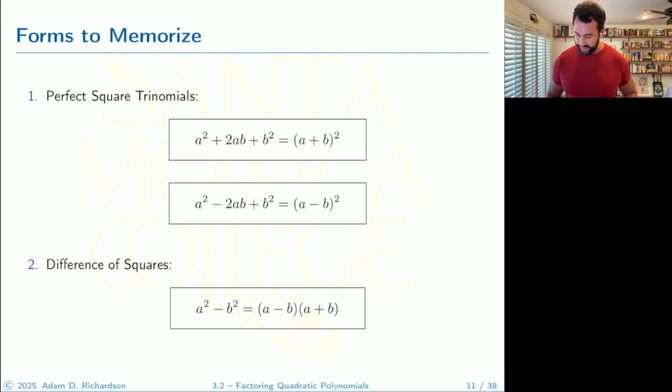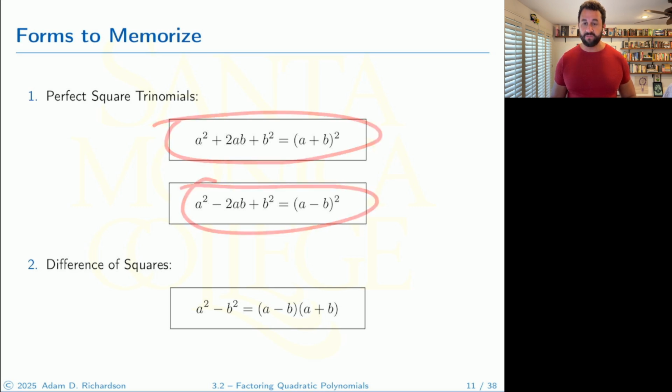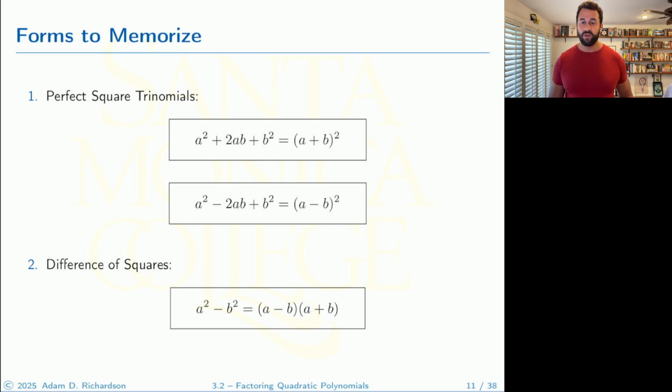Now, on that note, I need to switch gears a tiny bit and give you some forms to memorize. I try to scaffold these a little bit as the course goes along. So these are the perfect square trinomials. Hopefully you've got these memorized already. We talked about them back in chapter 1, and the reason we wanted to memorize them is because these are factorable.